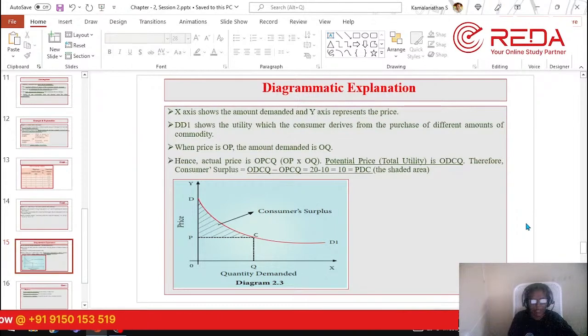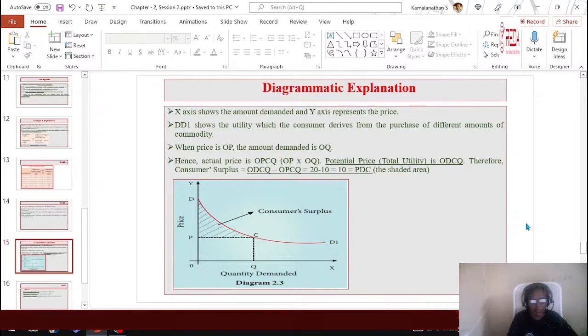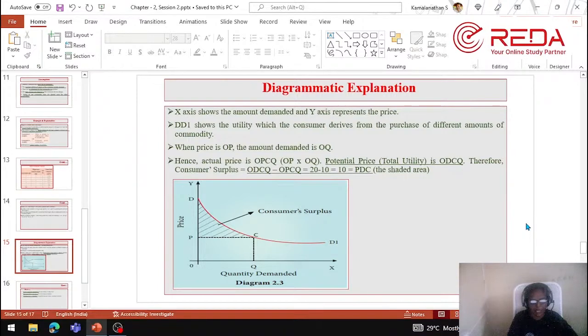It will be from 0 to Q. So there will not be any change in the price level of the commodity. What is the price level of the apple? The price level of the apple is 2.